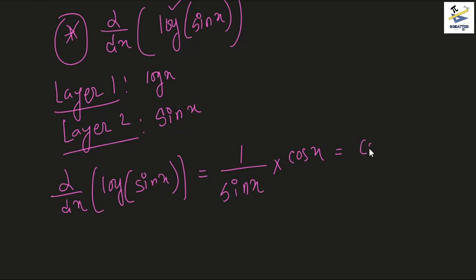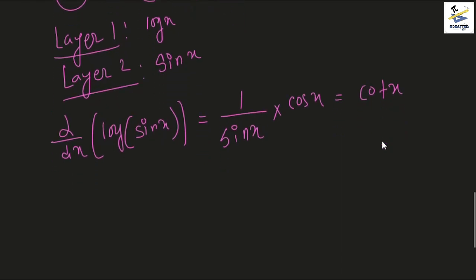And cos x by sin x is simply cot x. So you see, we have got the answer. d dx of log sin x is just cot x. Okay, so this is not really a very hard one to be done. Let us move to other examples.